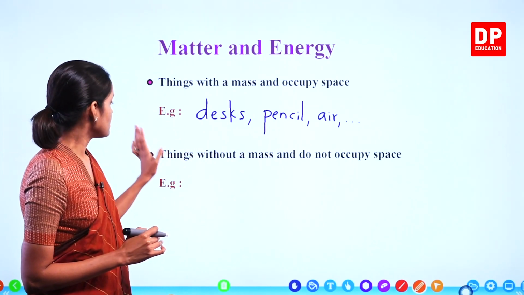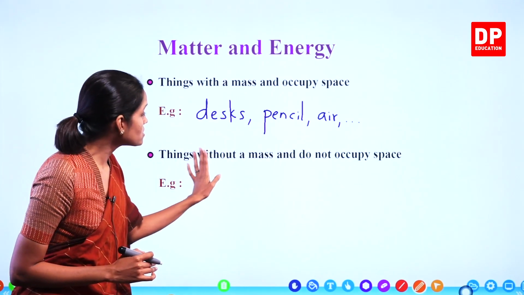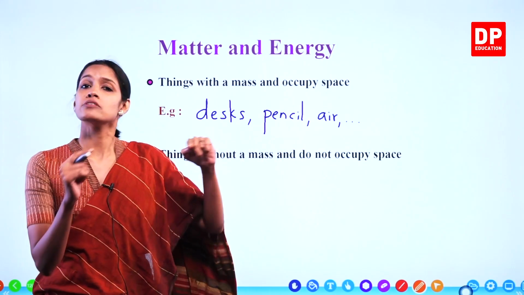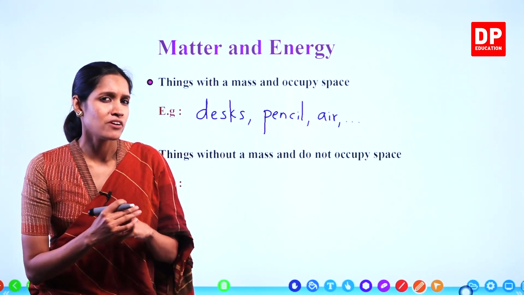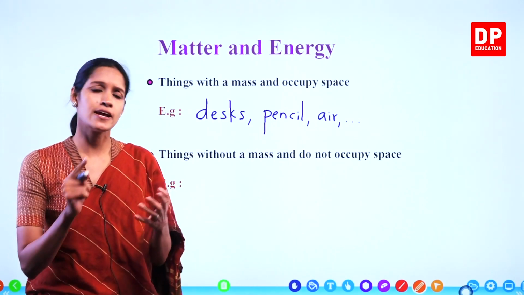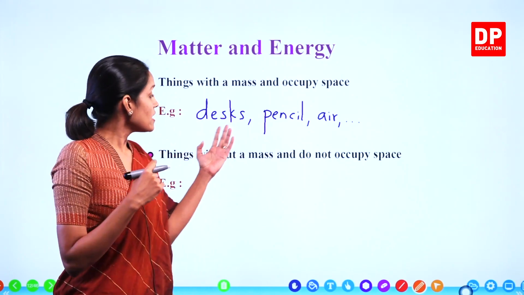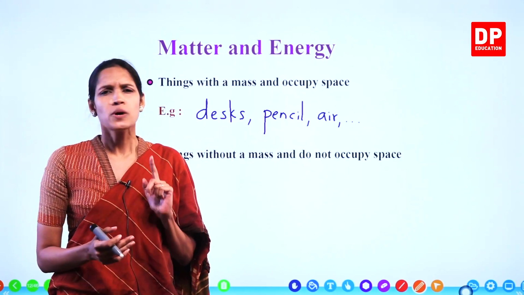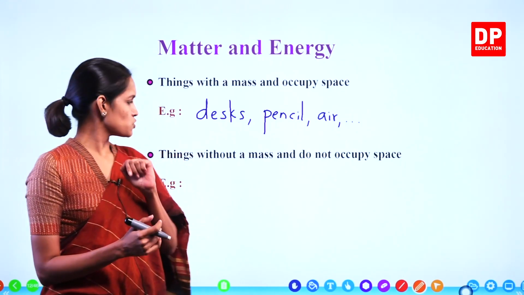And the second thing, things without a mass and do not occupy space. We'll go back to the classroom. Do you remember what we learned under this classroom, children? We learned about there are some other things. They did not have a mass and they also don't occupy a space. What are the things we discussed about? I'm sure you remember.